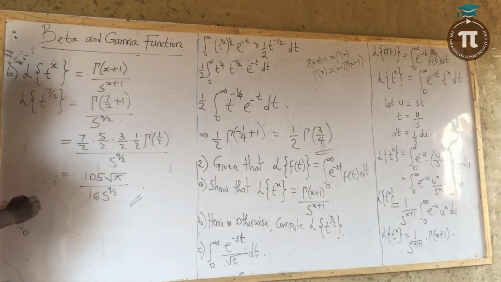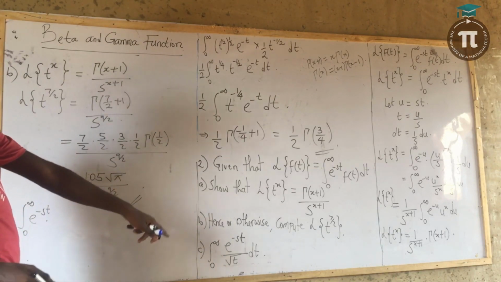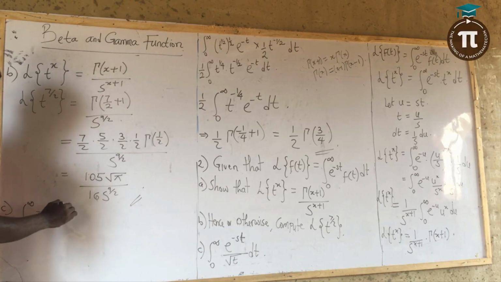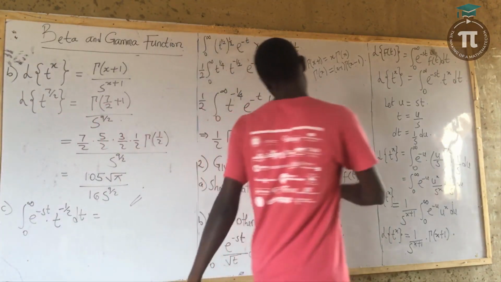Then for the third one, we have integral from 0 to infinity of e raised to power minus st multiplied by square root of t, which is t raised to power 1 over 2. So when I take it up, I have t raised to the power of minus 1 over 2 dt.